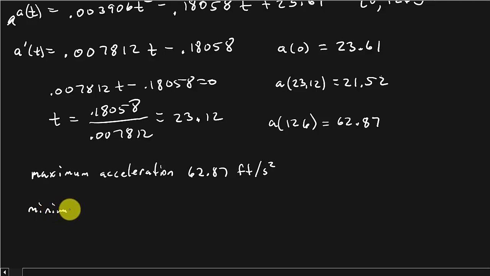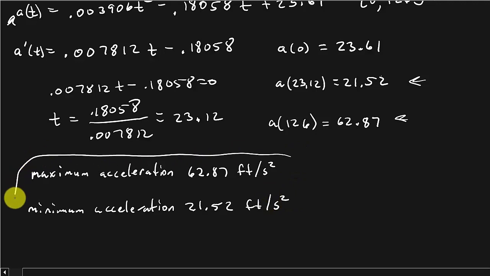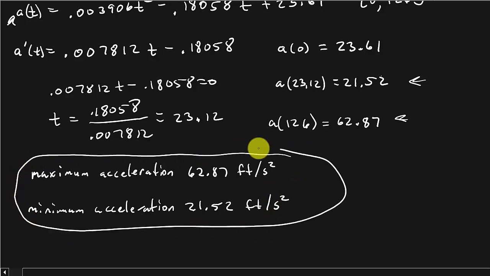And the minimum acceleration is what? See, there's your maximum right there, and then your minimum, that's right there. And what is that minimum acceleration? That is 21.52 feet per second squared. And that's what the problem's asking you to find.